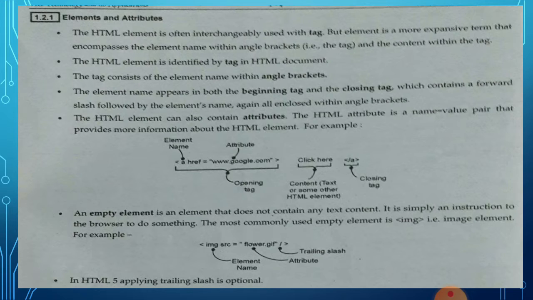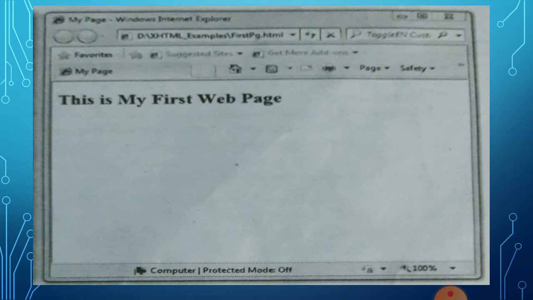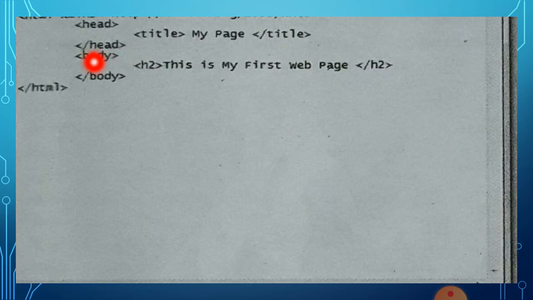I already told that an element should be provided within angle braces, that is, the greater than symbol and the less than symbol. The HTML element is identified by tags in an HTML document. Here body, head, title are called tags.